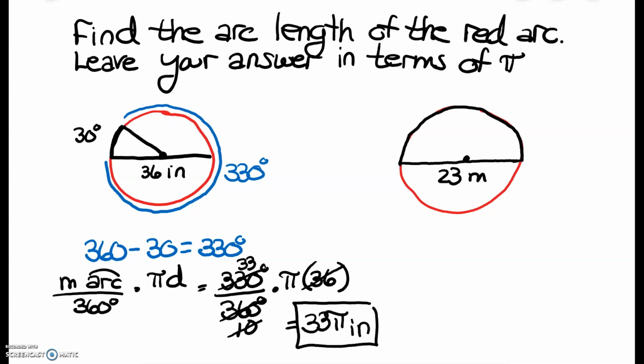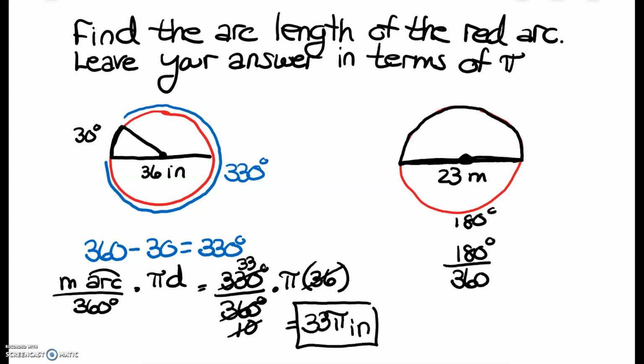So how about in this next example, they don't give us an arc measure or a central angle measure, but I know that this line going across my circle right here, this is a diameter because it goes through the center of my circle. So that means this arc measure must be 180 degrees, which is very helpful. So 180 degrees, and again, they gave us the diameter, so we're going to choose the formula with diameter in it.